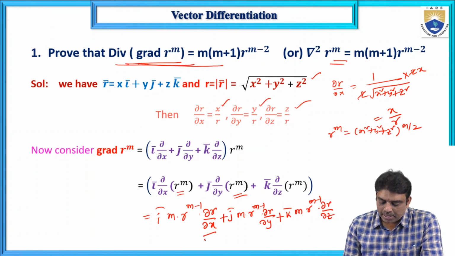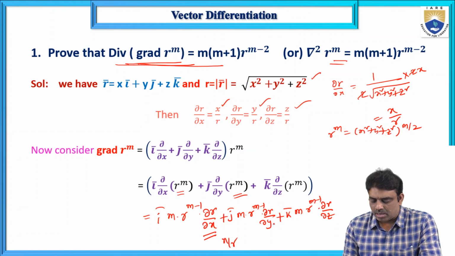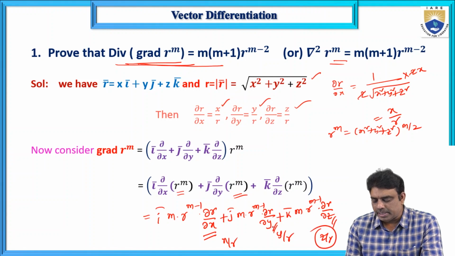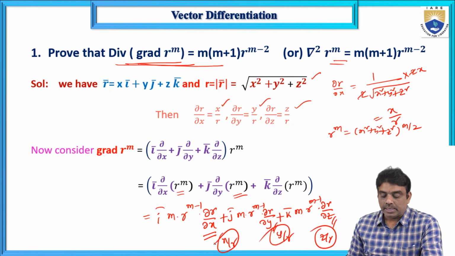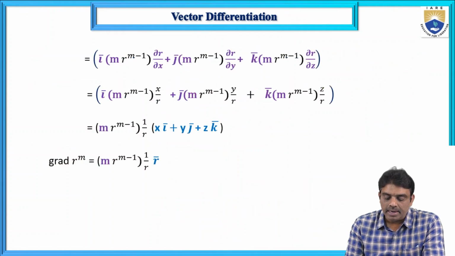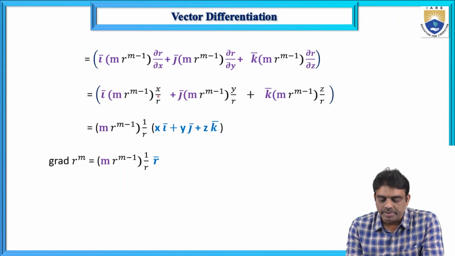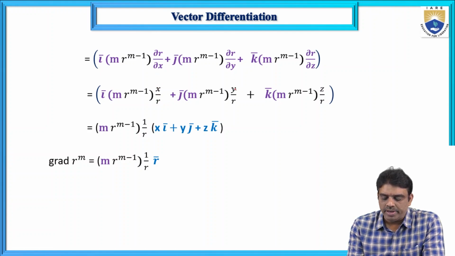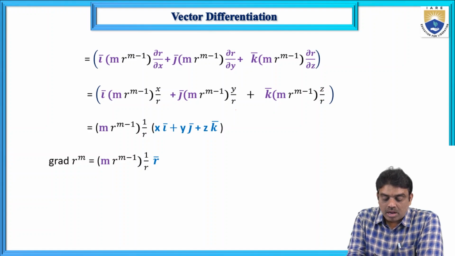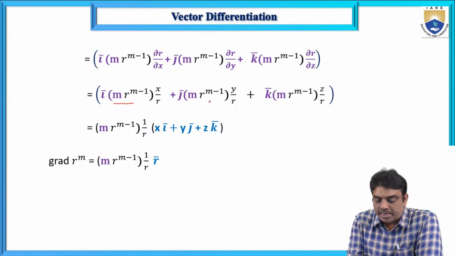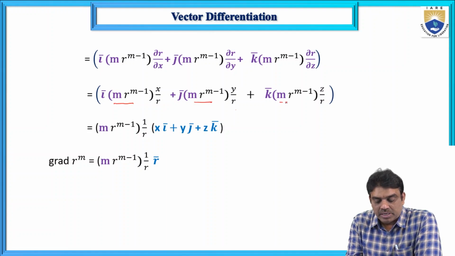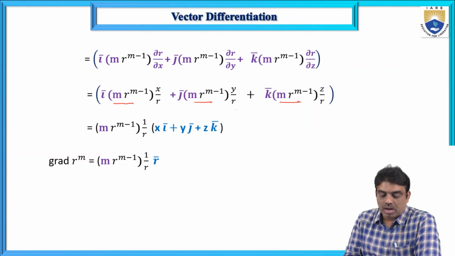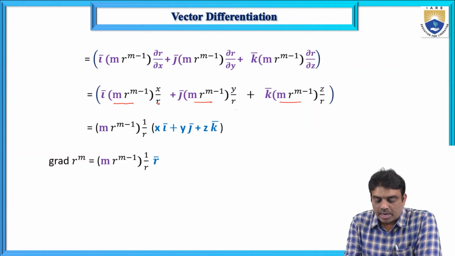Now I can replace ∂r/∂x by x/r, ∂r/∂y by y/r, ∂r/∂z by z/r. Here the common term is m r^(m-1), and 1/r is also common.